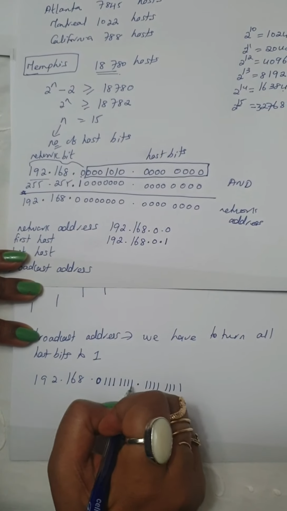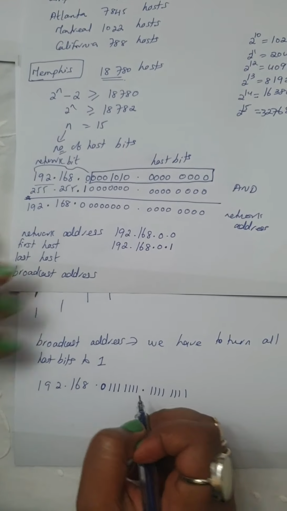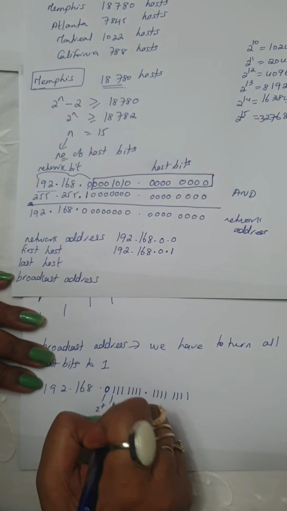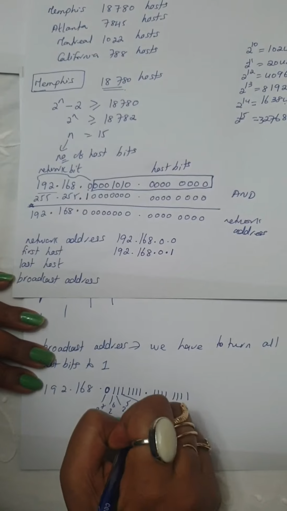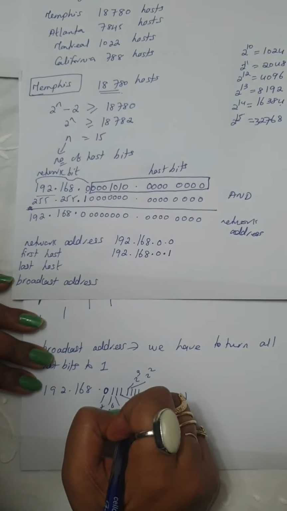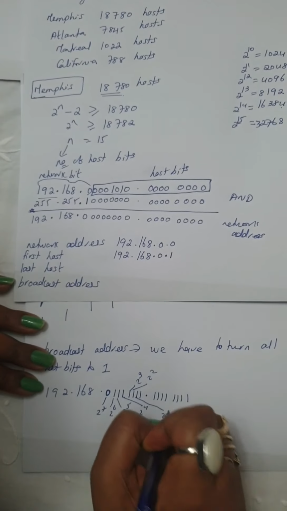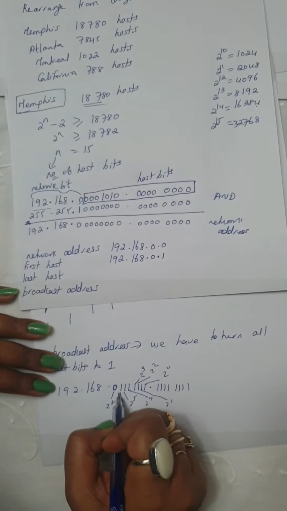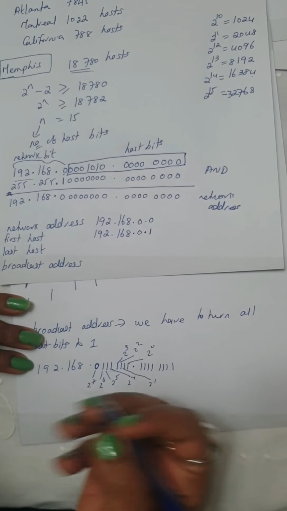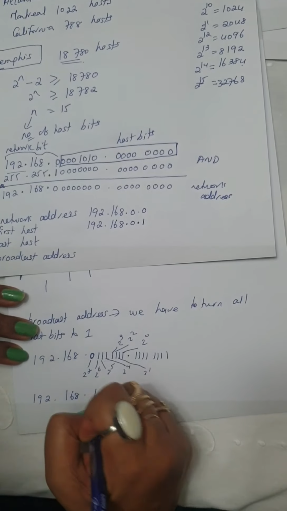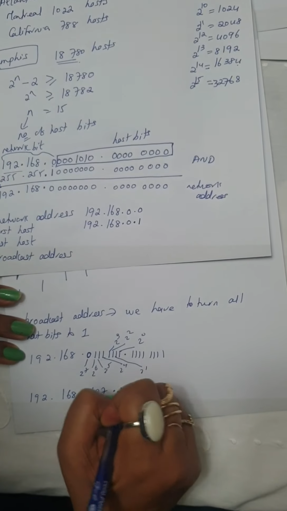Now, when we calculate this, just to remind you, here it's 2 power 7, 2 power 6, 2 power 5, 2 power 4, 2 power 3, 2 power 2, 2 power 1, and 2 power 0. So when we multiply all of it, we add, and it will come to 192.168.127.255.